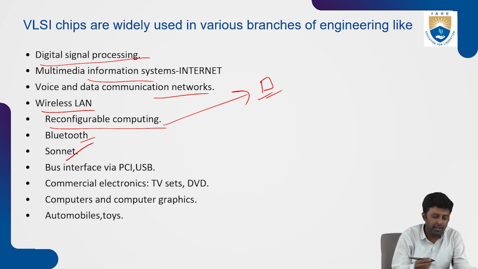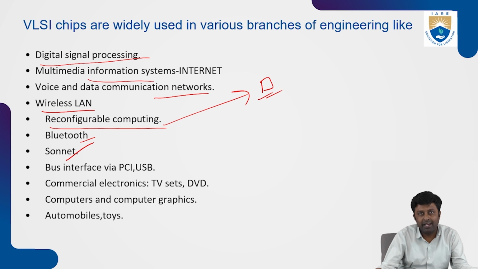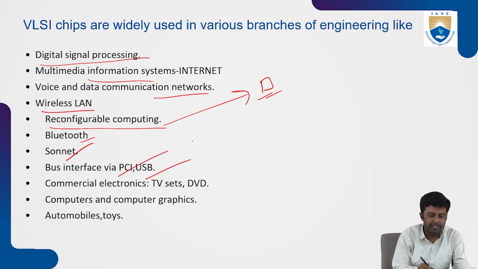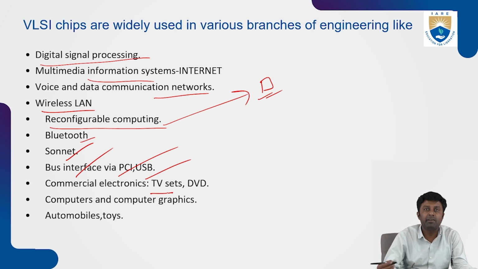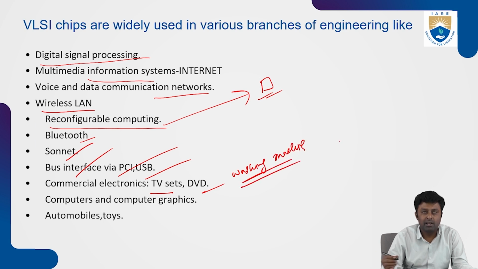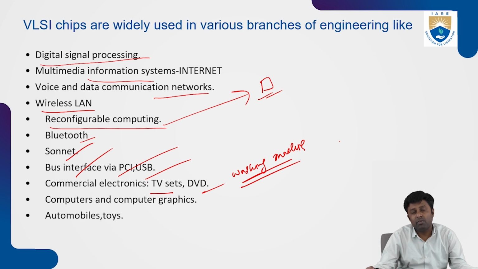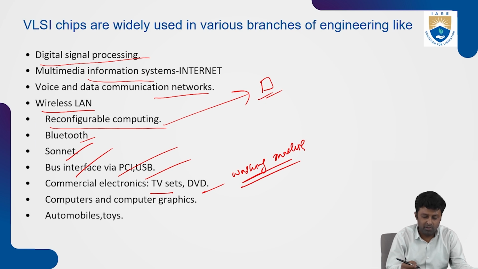Then in SONET, and in the different types of buses like USB, PCI, all the interface buses, we use VLSI chips. VLSI chips are used in TVs, DVDs, and in the washing machine. Whatever electronic device we can name, almost all of these devices use VLSI chips.